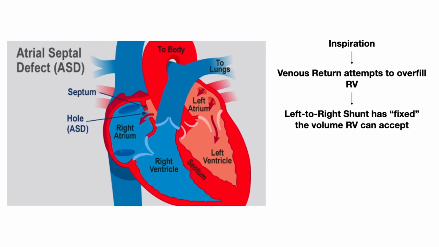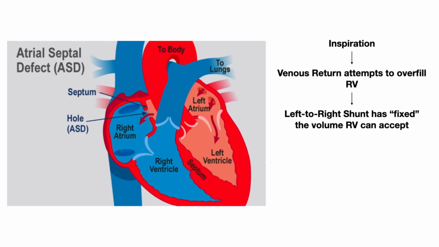Because think about it, even if theoretically the right ventricle was going to accept more blood and pump more blood, where would that blood be going? It would be flowing through to the left side of the heart, but because the atrial septal defect is present, all of the blood in the left side of the heart would actually get shunted back to the right side of the heart.